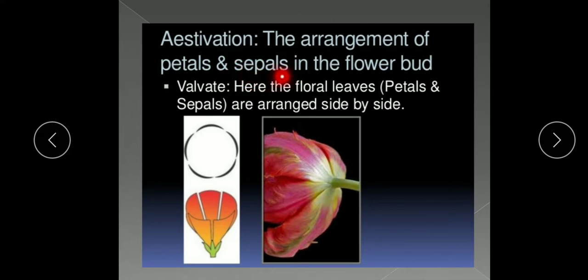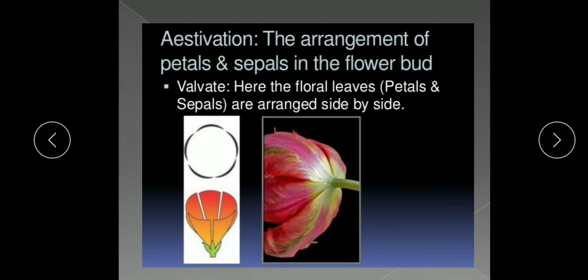A floral bud shows the mode of arrangement of sepals and petals in different ways. This is known as the estivation. So we can say that estivation is the arrangement of the petals and sepals in the floral bud or flower bud. Here we will study the types of estivation which are recognized in the flower.